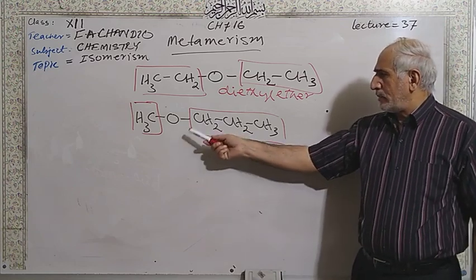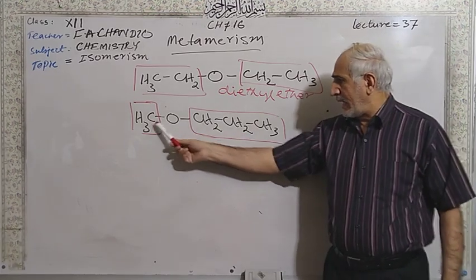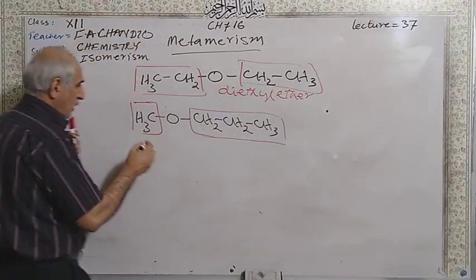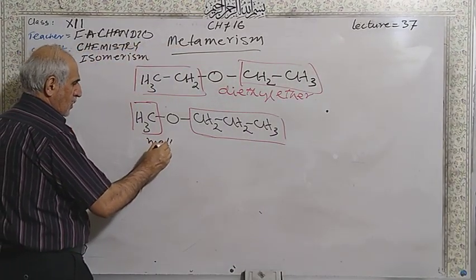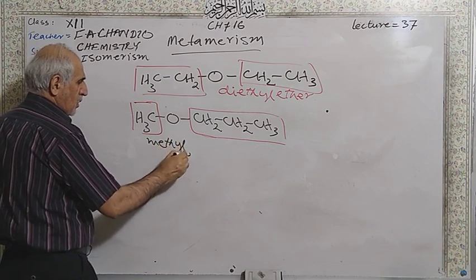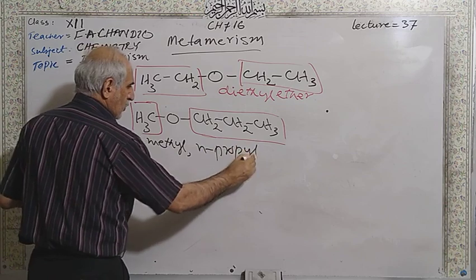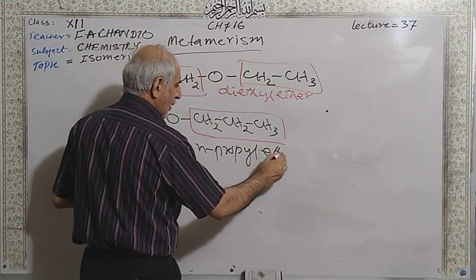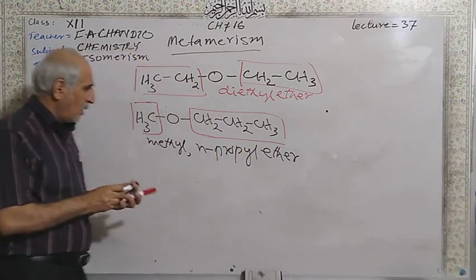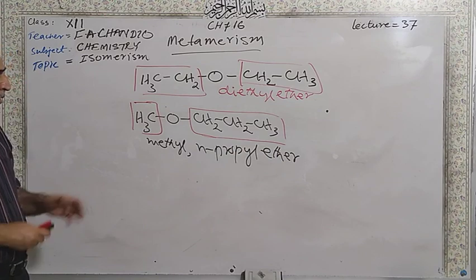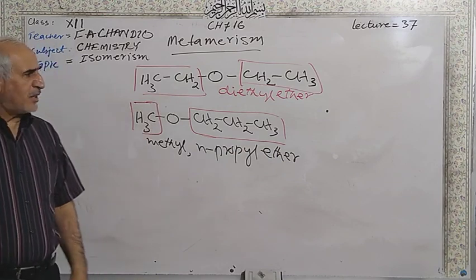So this is methyl propyl ether. Methyl and propyl ether. And this is diethyl ether.